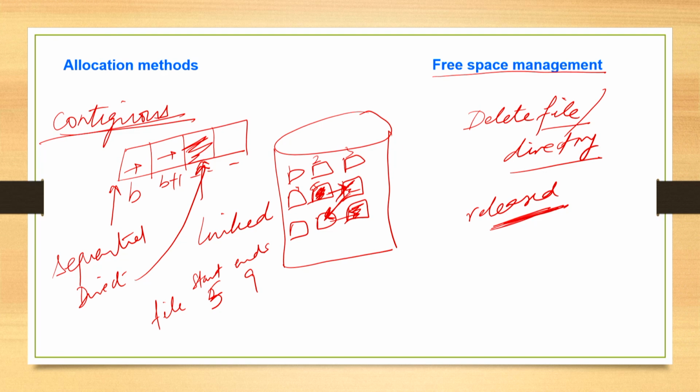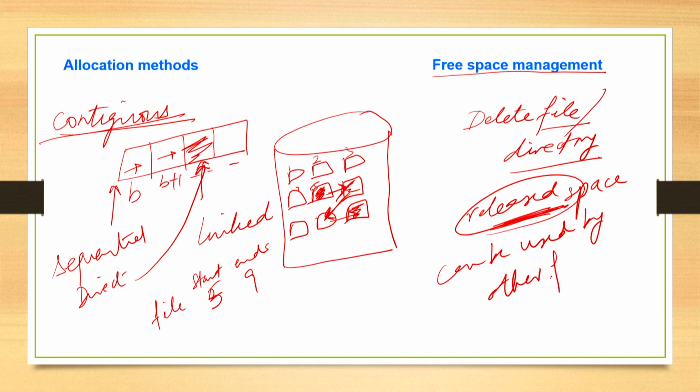So how is this information maintained, so that this released space can be used further? Further means it can be used by other files or directories. So what are the methods by which you can use the free space efficiently? That is again done by the operating system.